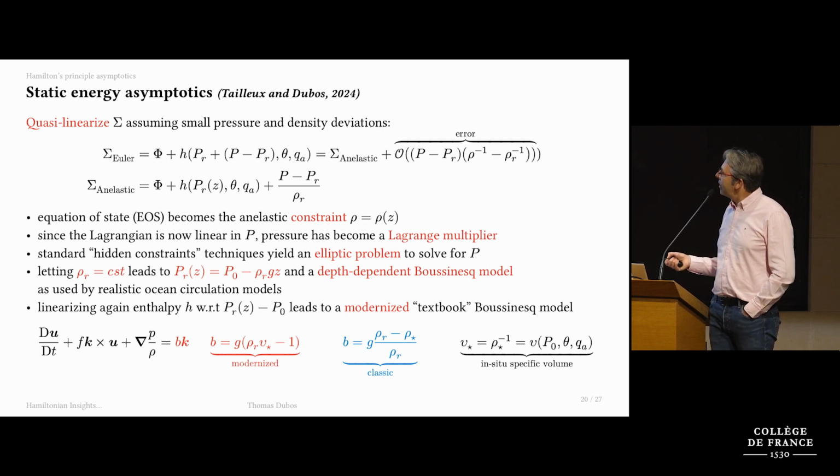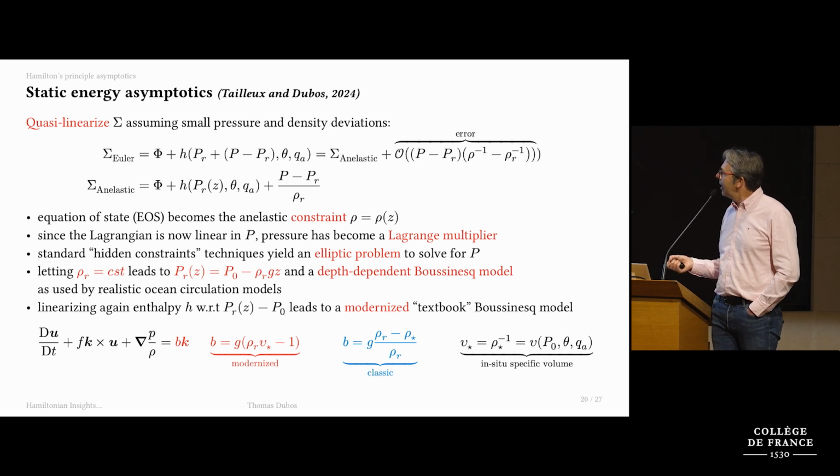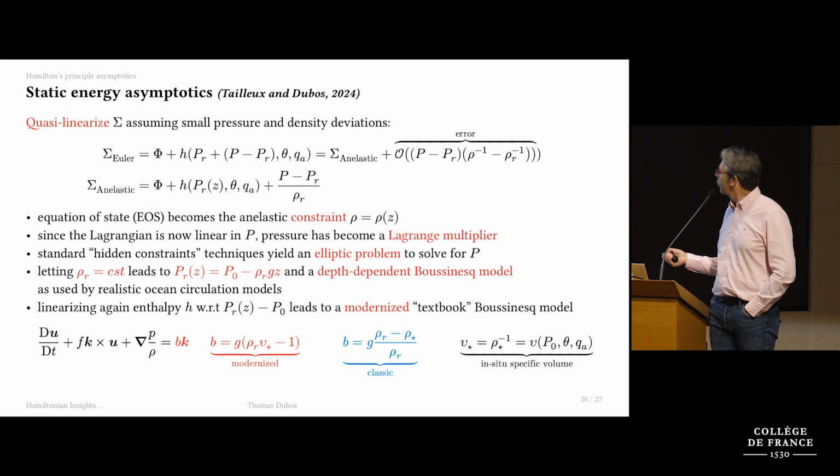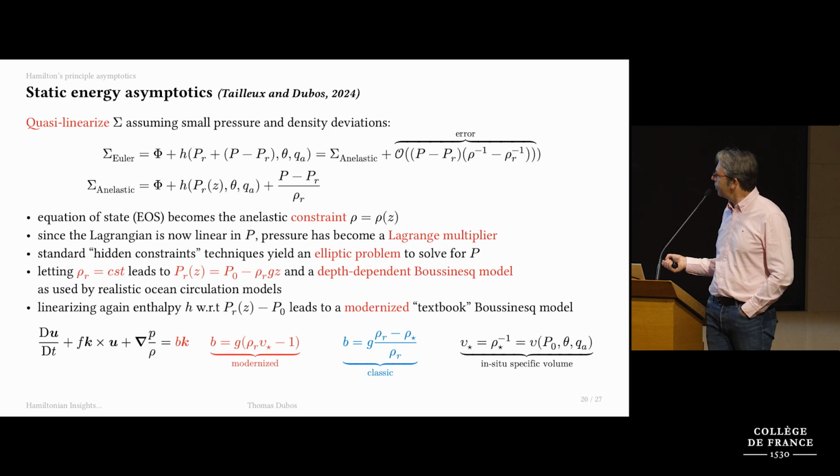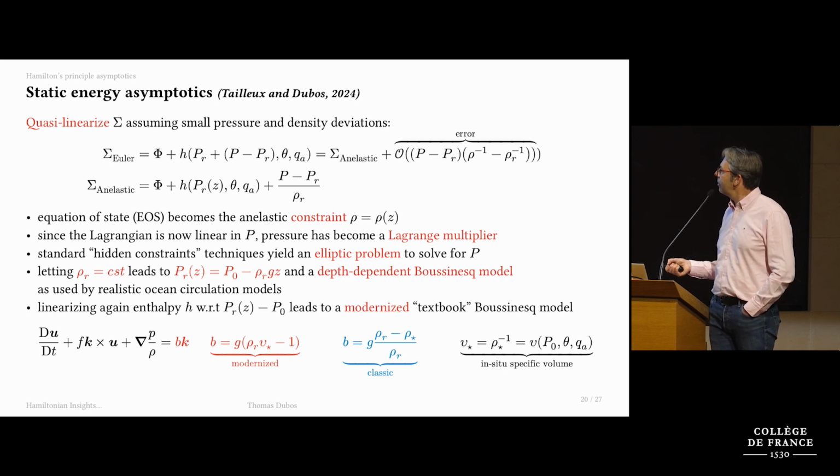In fact, the model you get with this linear pressure is not exactly what ocean models do. It looks very much like what they do, with a very small difference. So here, when you crank up the computations, you end up with a buoyancy which is proportional to the difference between the specific volume computed at, say, the potential temperature and salinity of the water, minus the reference specific volume.